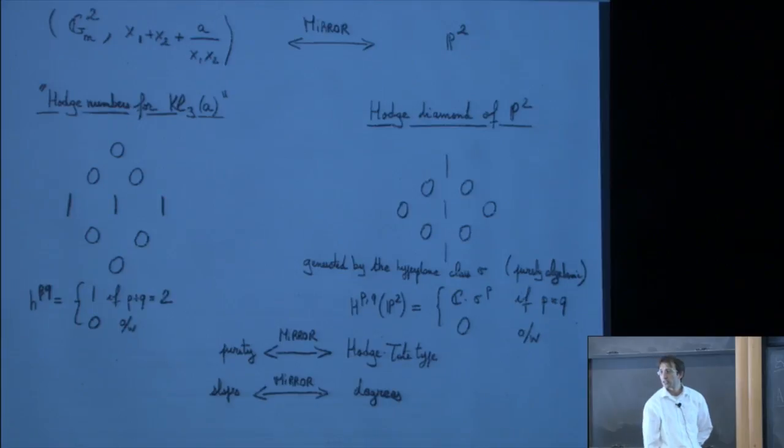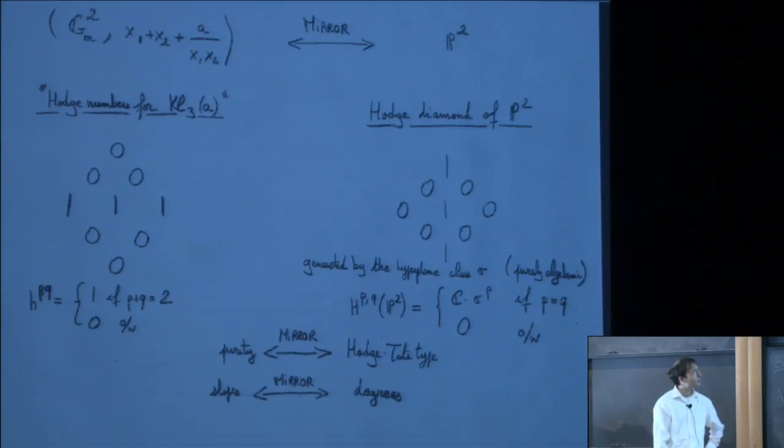Here you recognize something familiar: it's the cohomology of P2, generated by the hyperplane class, so that's the Hodge diamond of P2. And it's well known in the mirror symmetry literature that the mirror of P2 is indeed this Laurent polynomial. So it seems to fit well.